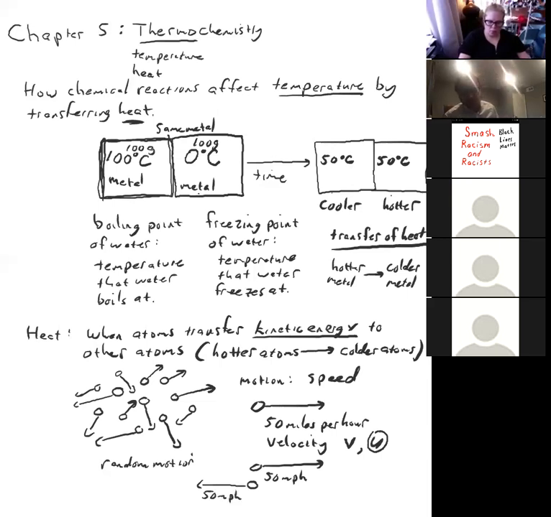The speeds are the same, but the velocities would be different. So we're going to use the term velocity, but we're really going to be talking about speed, how fast they're moving. So these atoms are moving in different directions pretty randomly at different speeds.